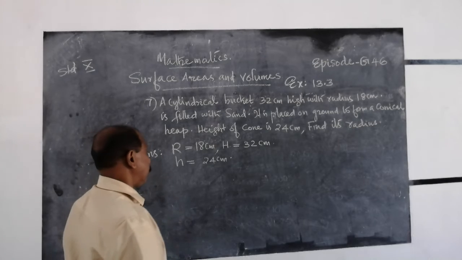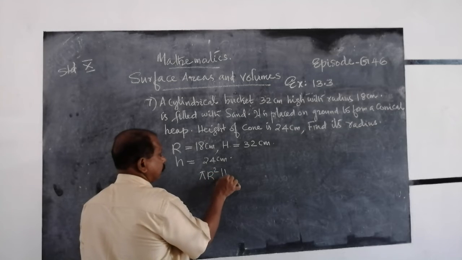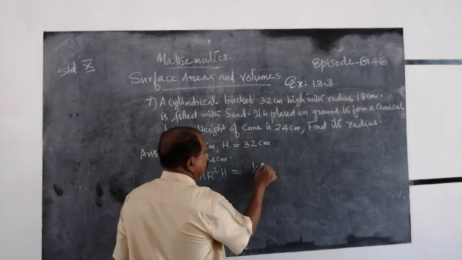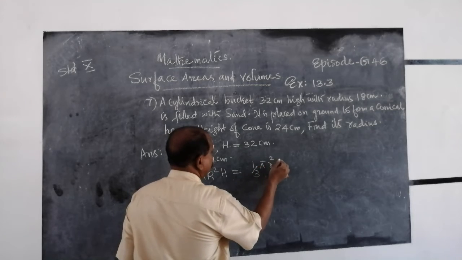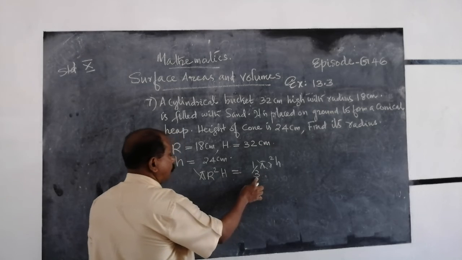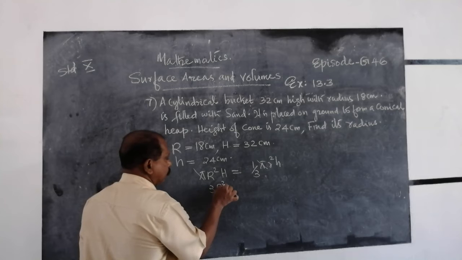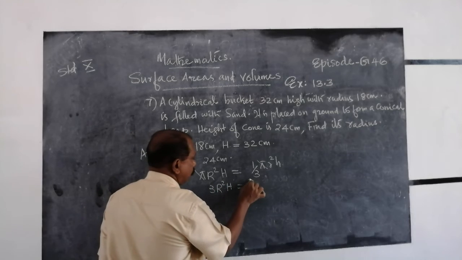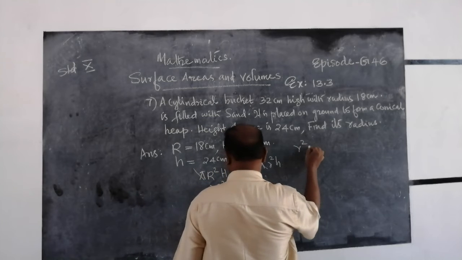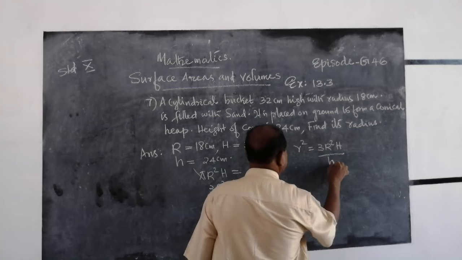Therefore, volume of the cylinder, that is pi R square H, is equal to volume of the cone, 1 by 3 pi r square small h. Pi cancels, 3 goes to the numerator, that is 3 R square H is equal to r square h. Therefore, r square is equal to 3 R square H by h.